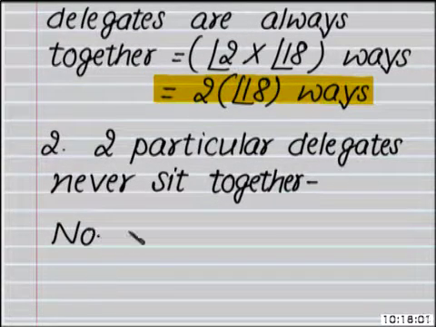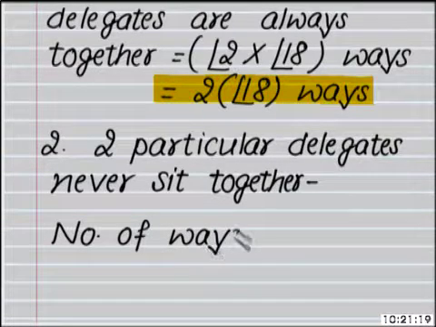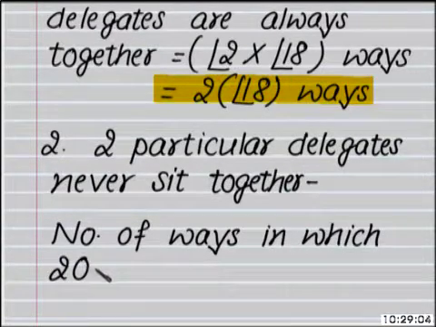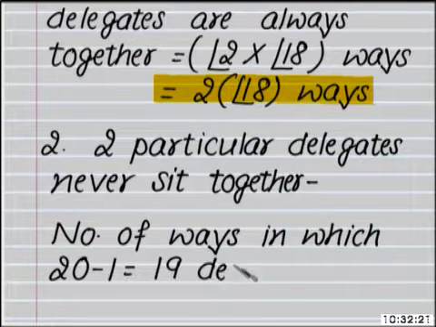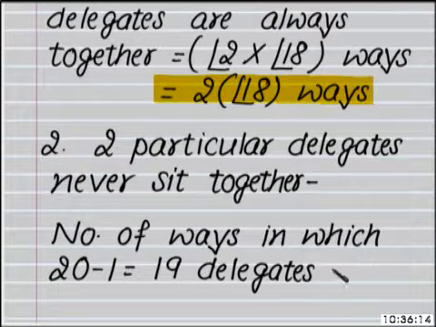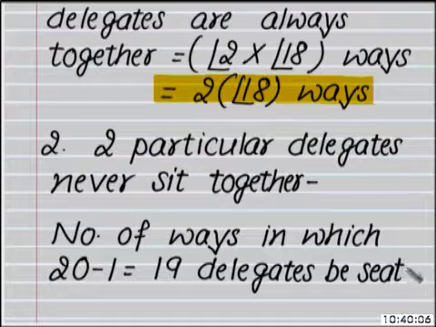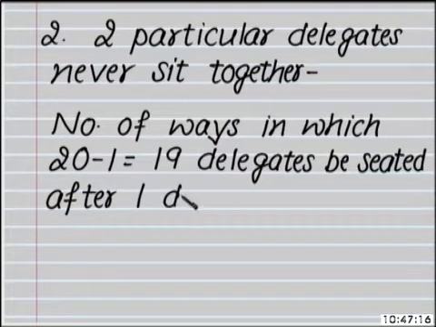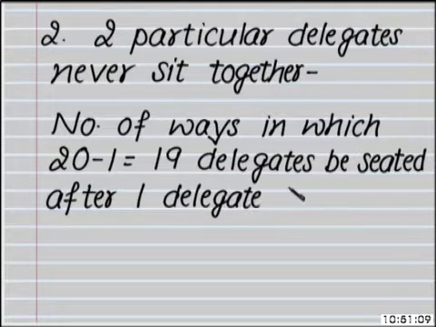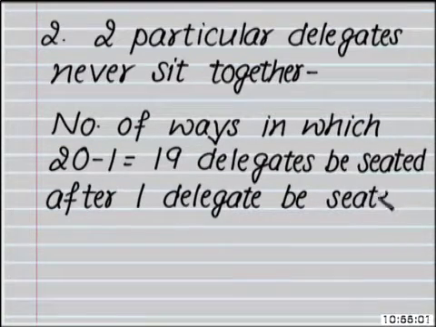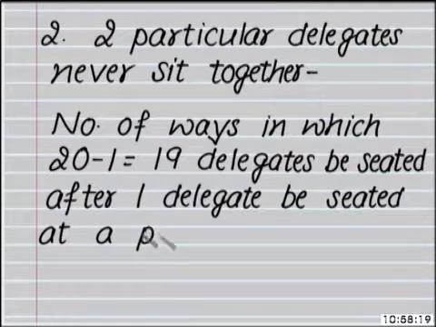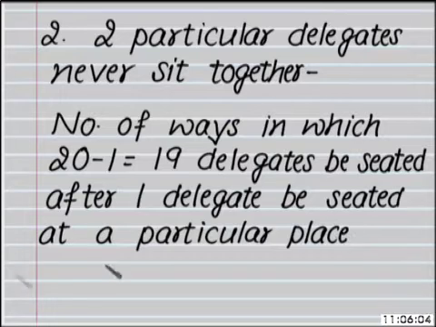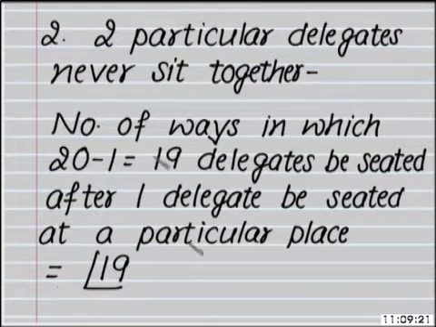The number of ways in which 19 delegates can be seated after one delegate is seated at a particular place is equal to 19 factorial.